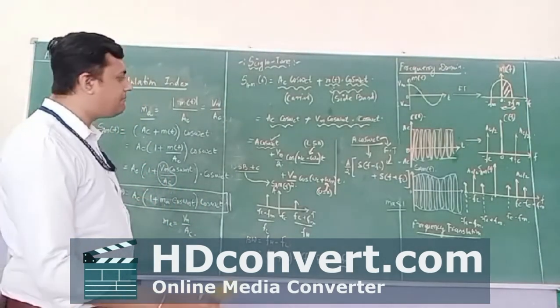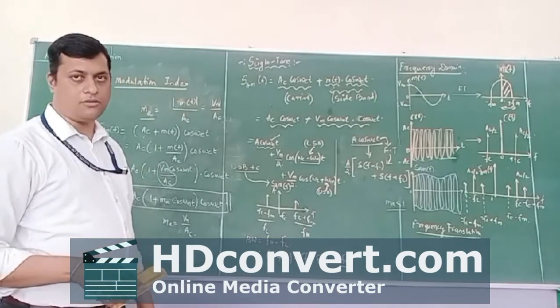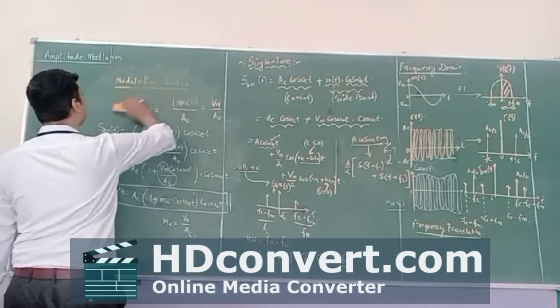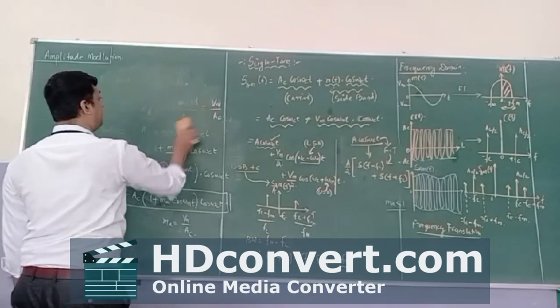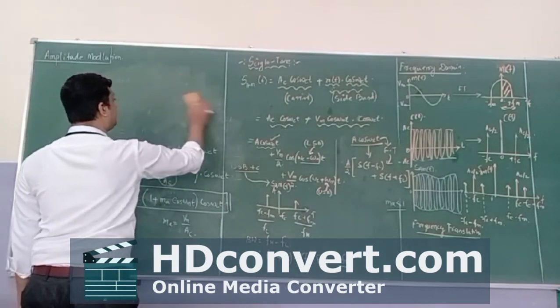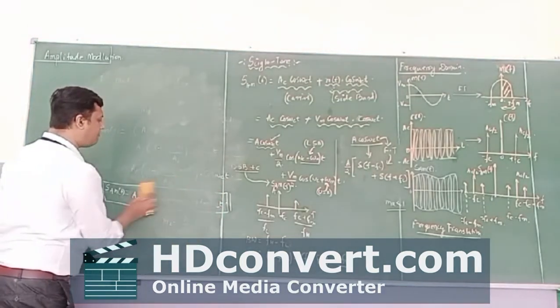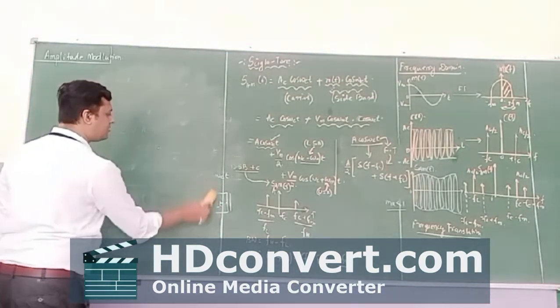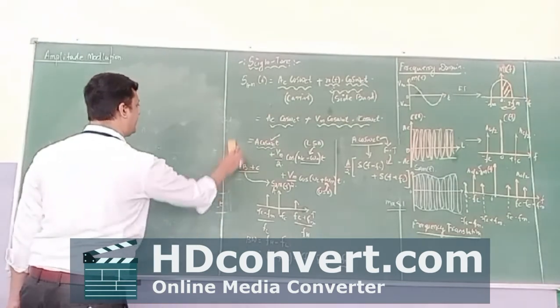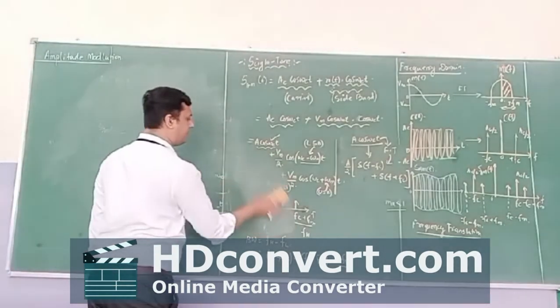Similarly, we can represent for multi-tone also. How? Let's see. For multi-tone, your modulation index will be different because there are n number of modulating signals available. So the modulation index is going to be different for each and every one.